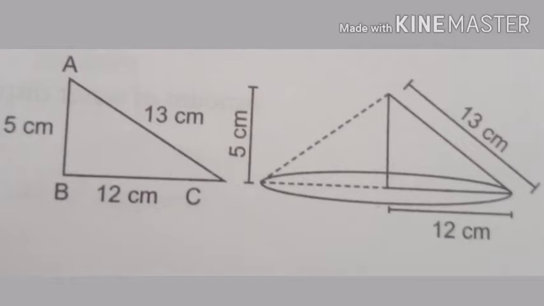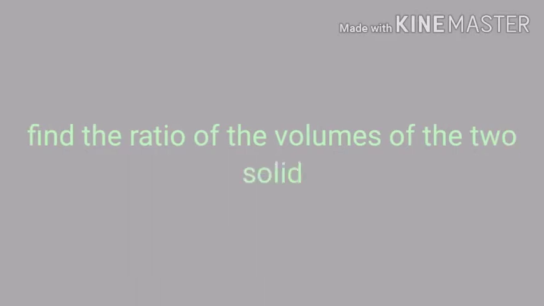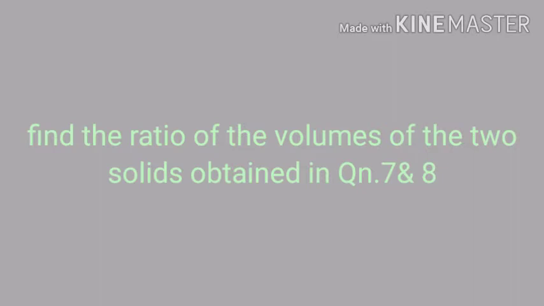That is 1 by 3 pi r square h. Then we have to find the ratio of the volumes of the two solids obtained in question number 7 and question number 8. We already got the volume of the solid in question number 7 as 100 pi. Then here we have to find the volume of the cone obtained in this question. Then we have to find the ratio between them.